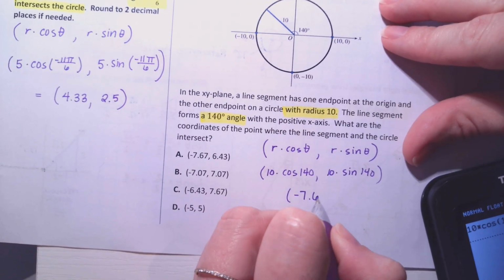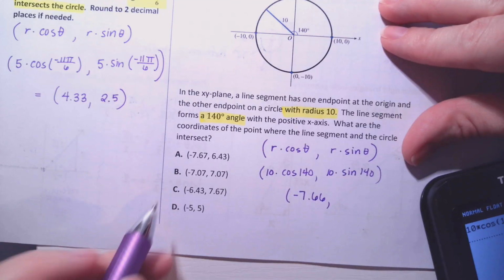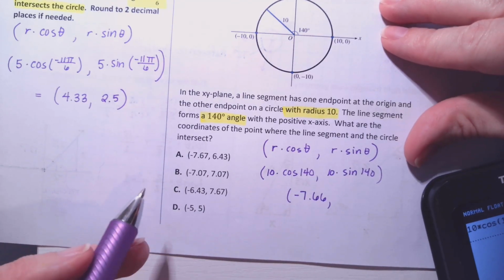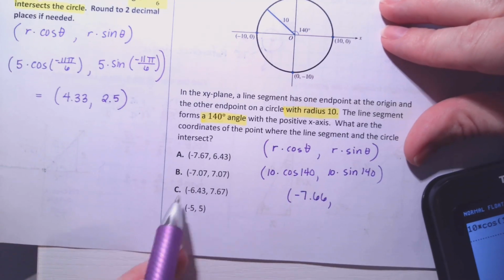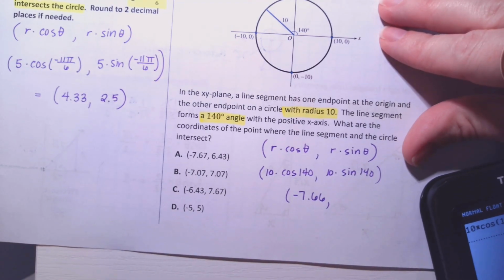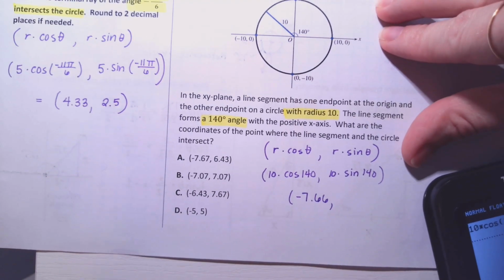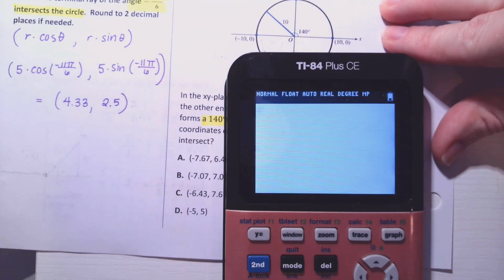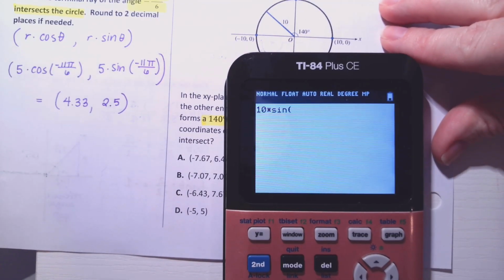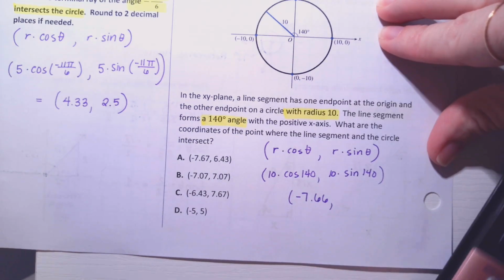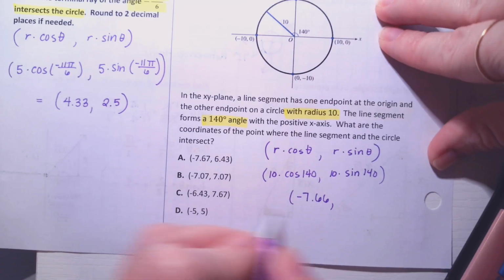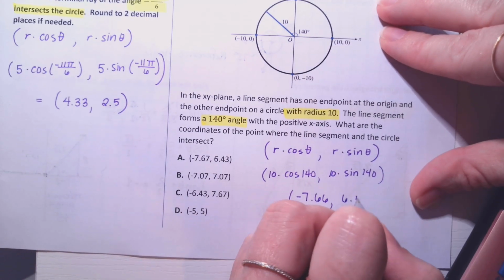Negative 7.66, comma, and that is the only one that has negative 7.66 up here. None others have that. I am going to verify real quick that the sine value is correct. 10 times the sine of the angle, which was 140. 6.43-ish. There we go. All right, it does look like it is answer A.